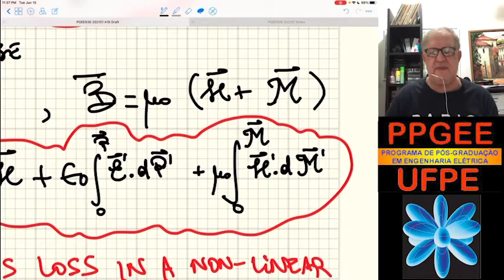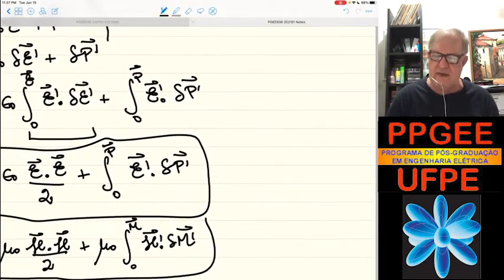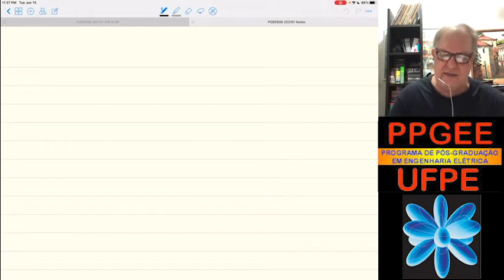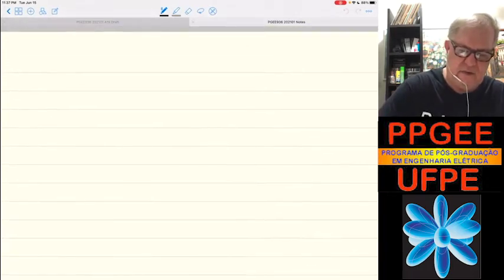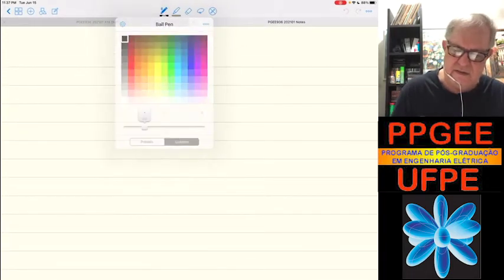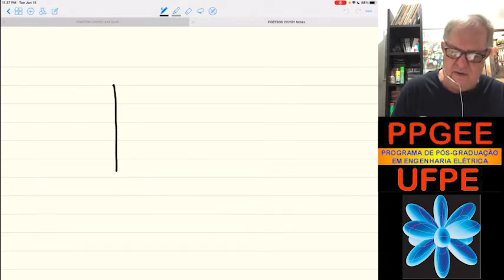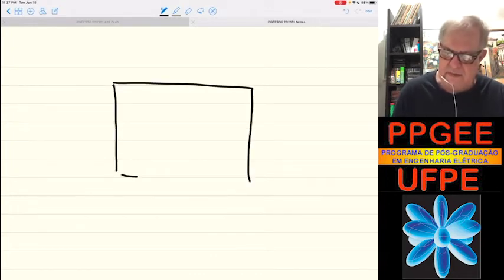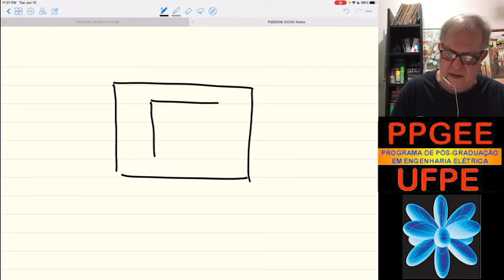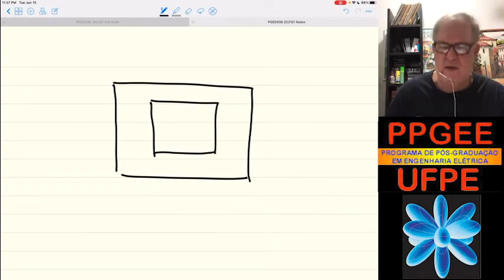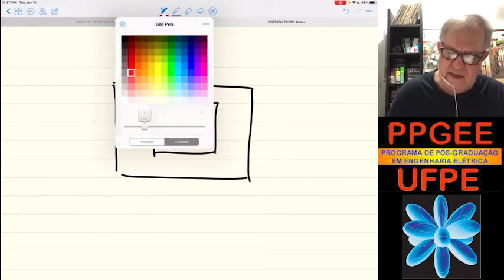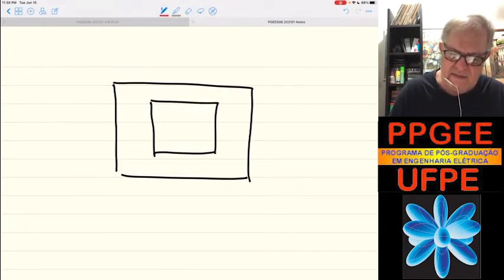Then you use these in transformers, right? So you can make something like this. Make transformers. You have a very simple one. A core made of magnetic material. Then you have a winding.